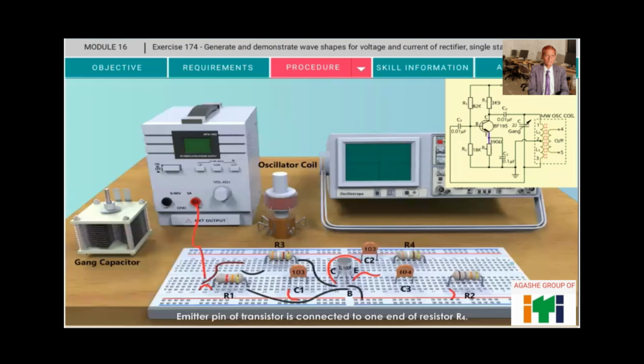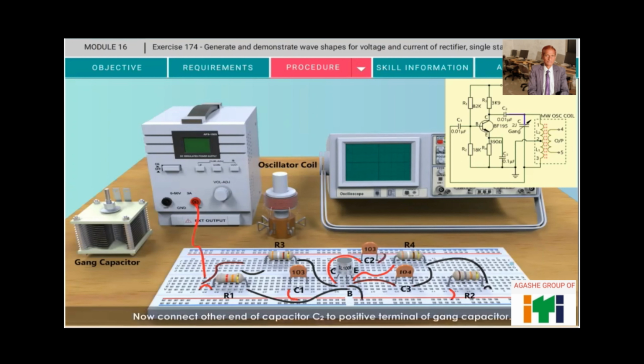Emitter pin of transistor is connected to one end of resistor R4. Now connect the emitter pin with one end of capacitor C3. Other end of resistor R2 is connected with other end of resistor R4 and other end of capacitor C3.